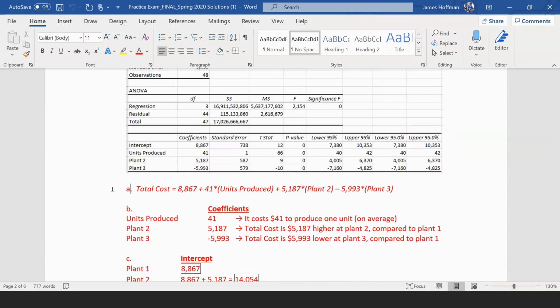All right, total cost equals the intercept, which is 8,867, plus the effect of units produced, which is 41, times units produced, plus the coefficient for plant 2, which is 5,187, times plant 2, and then minus 5,993 for plant 3, times plant 3.